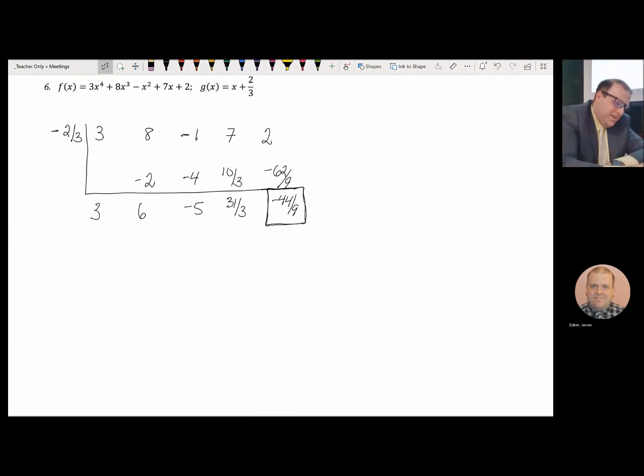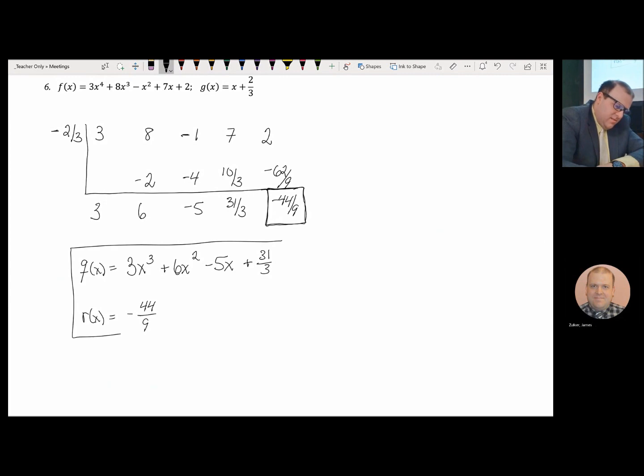What will the degree of the quotient be? There's your quotient, there's your remainder. See how easy this is.